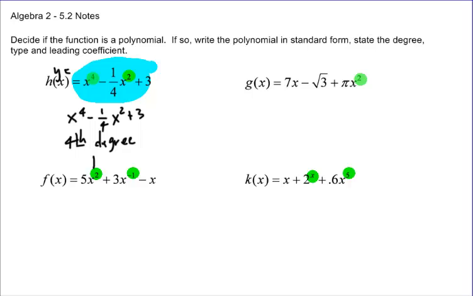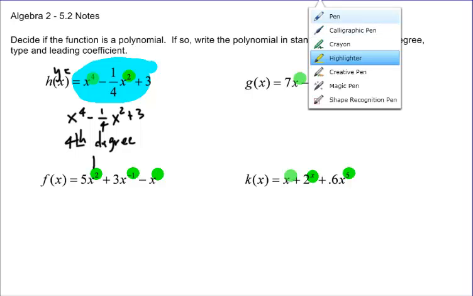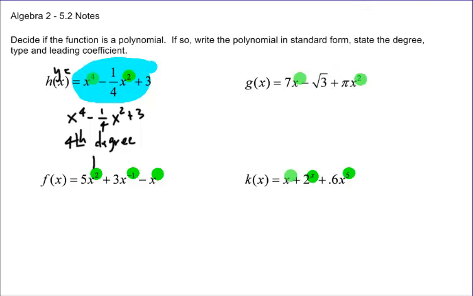Let's go over here and look at g. So on g, we're looking at all the exponents, and the exponents in this case are a 2 and a 1. I forgot to mark him. There he is. He's a 1, even though we don't write it, it is a 1. And so let's rewrite this guy in standard form. He also is a polynomial.